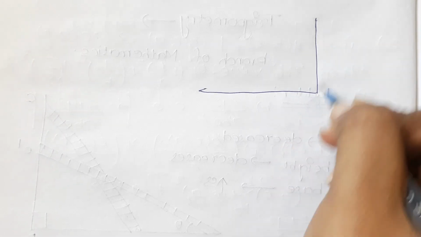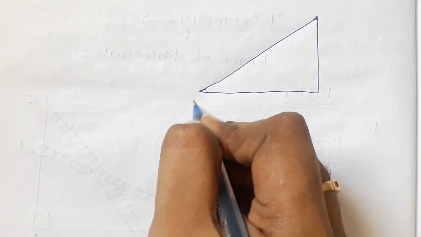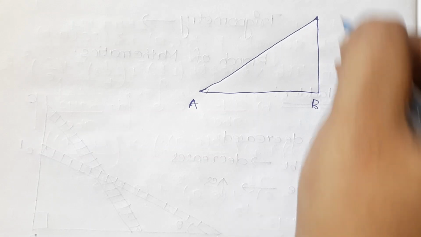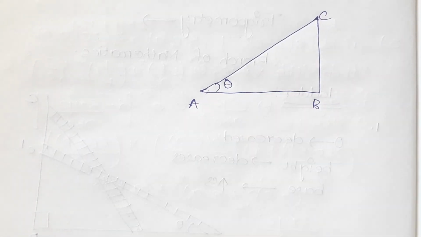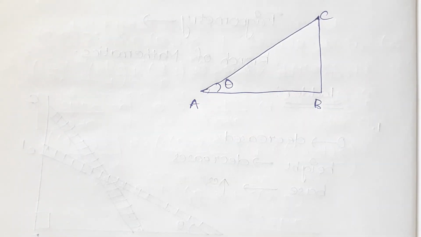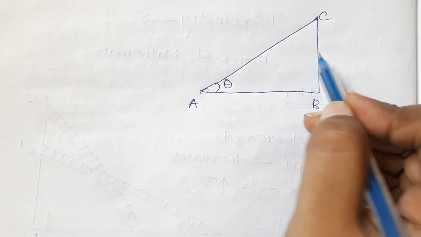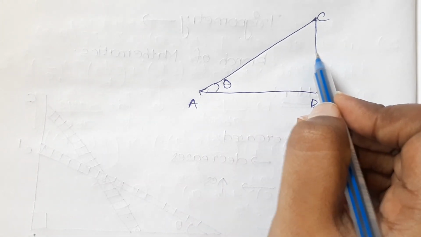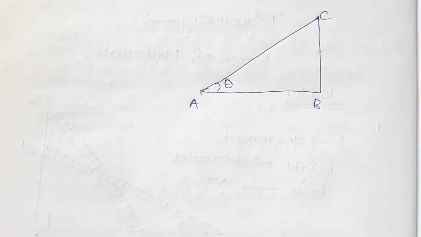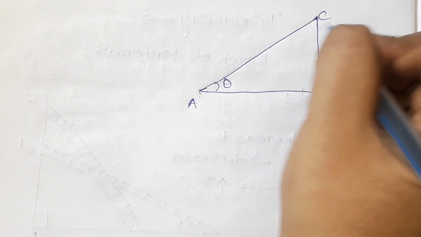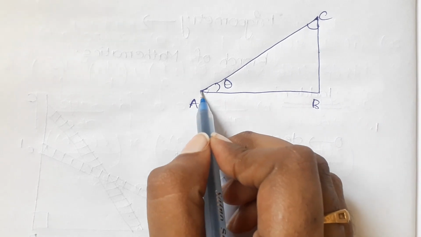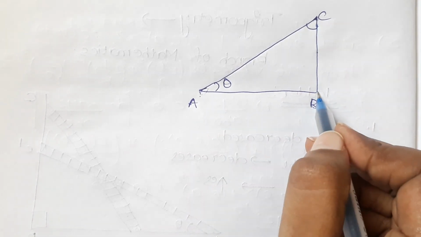And now in the right angle triangle ABC, with angle theta, as we already saw the naming of sides, what do you observe? Is there any relationship between the opposite side of angle A and the adjacent side of angle C? For A, BC is the opposite side.